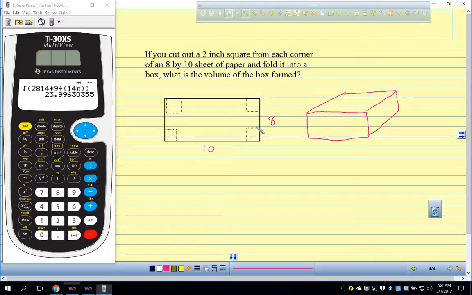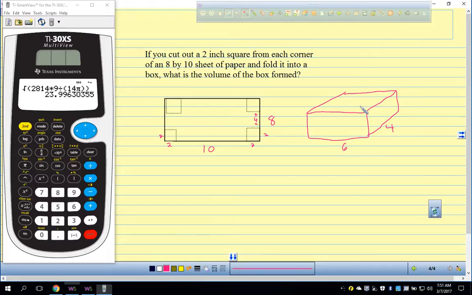This would be 4 from here to here, which corresponds to this side over here when I fold it up. What would this piece be right here? If this is 2 inches, and this is 2 inches, and this is 2 inches, and this is 2 inches, how far is it from here to here? 6, right?